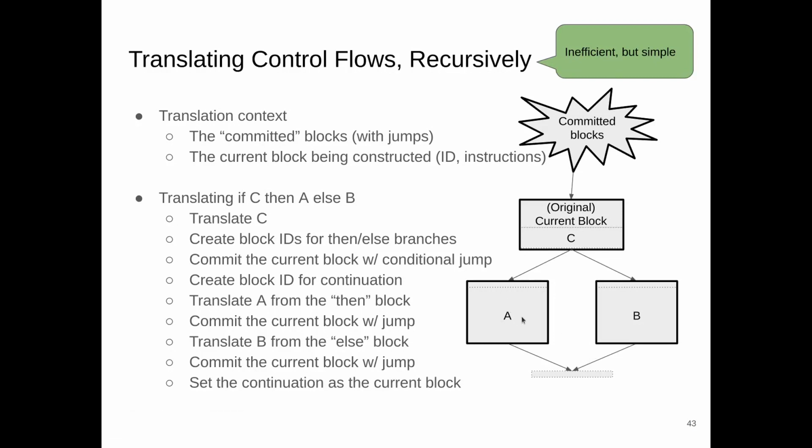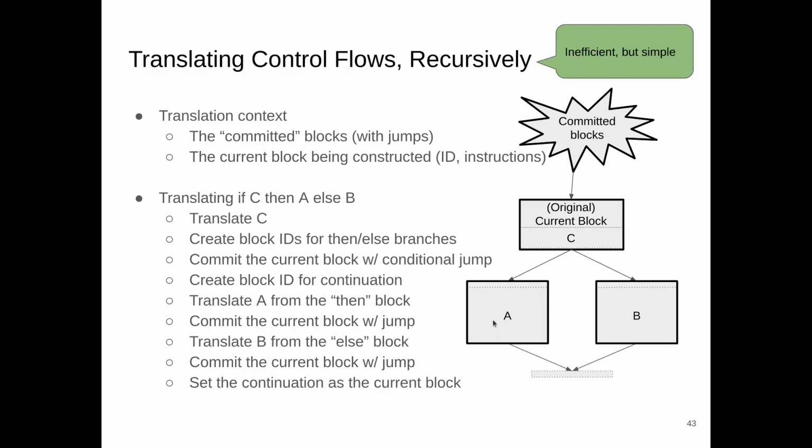And as I said, this can be a recursive computation because during the translation of A, inside the translation of A, there can be more control flows, and it can be dealt with in a recursive call that translates the statement A. And here, maybe there can be another if then else statement, and then there can be other blocks that are created due to this kind of translation.